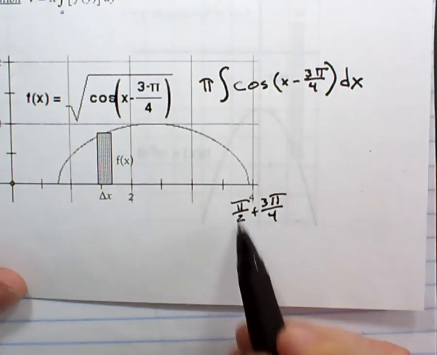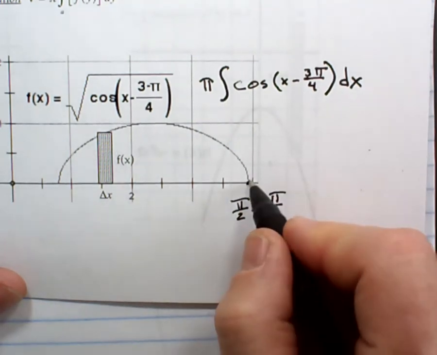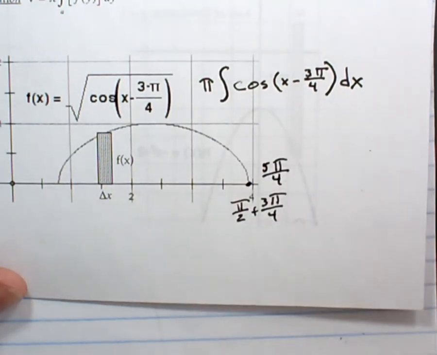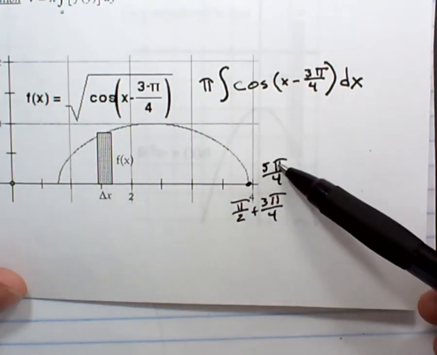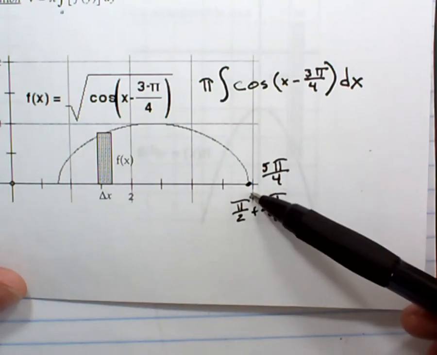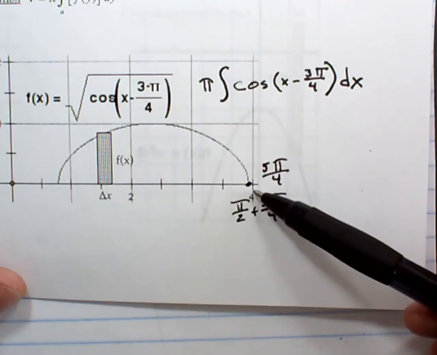And this is 2 pi over 2, so this has to be 5 pi over 4. That's what I'm guessing. So on your calculator, take 5 times pi and divide it by 4. Do I get a number that's almost 4? 3.927. Take a look where the dot is. Does that look like 3.927?